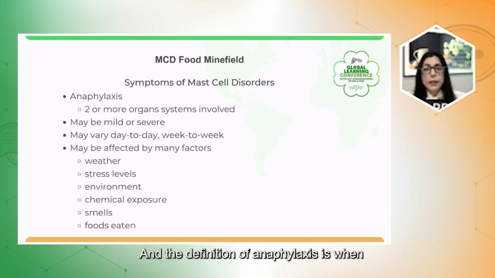And the definition of anaphylaxis is when two or more organ systems are involved. So that can be gastrointestinal symptoms plus skin symptoms. That can be cardiovascular symptoms plus gastrointestinal symptoms. Any two systems involved. It can be mild or it can be severe.